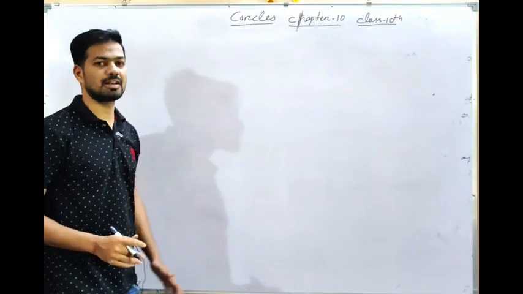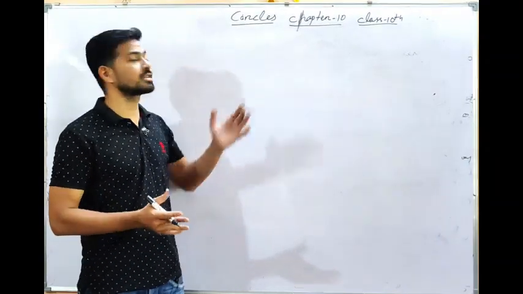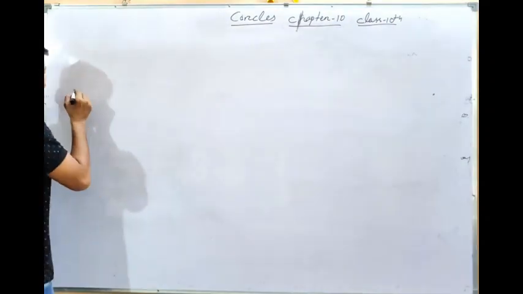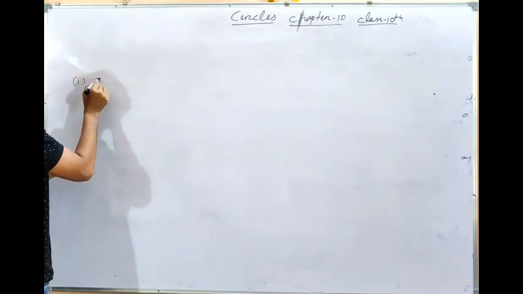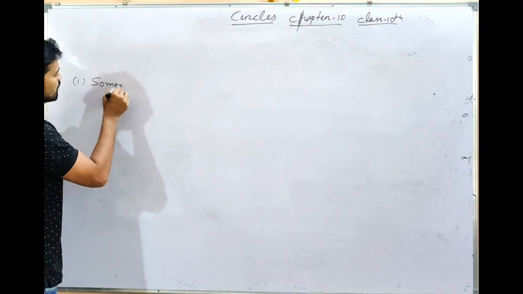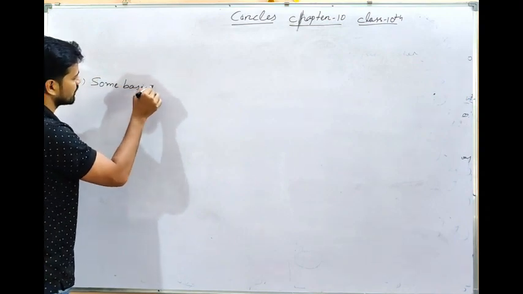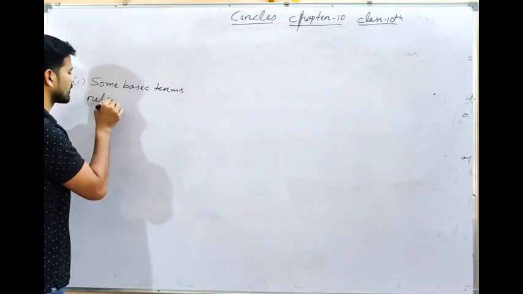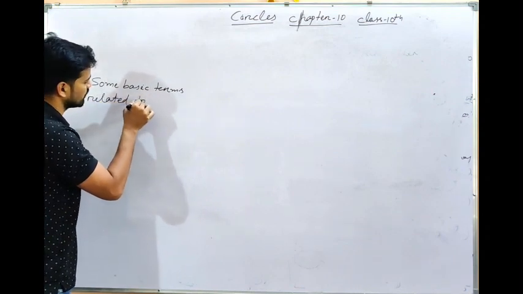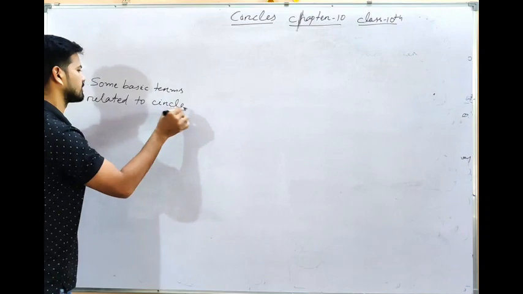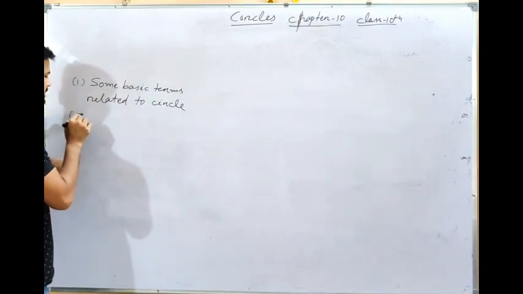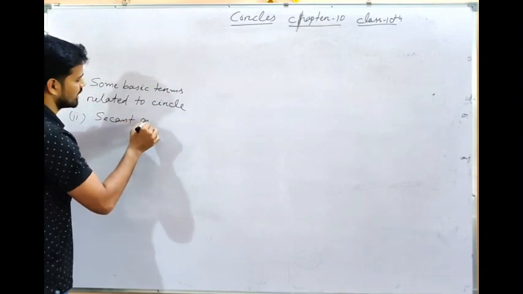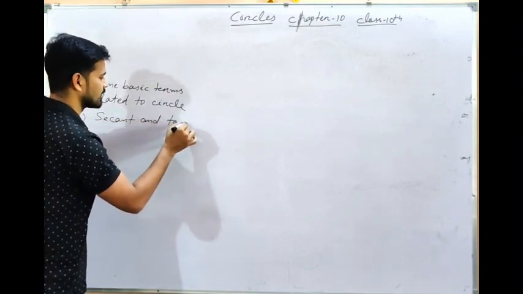In this chapter, in this topic circle, we are going to cover some concepts. First, we will discuss some basic terms related to circle. Second, we will discuss secant and tangent.